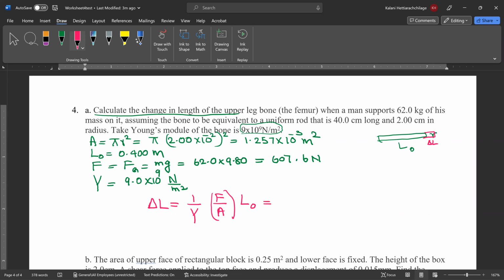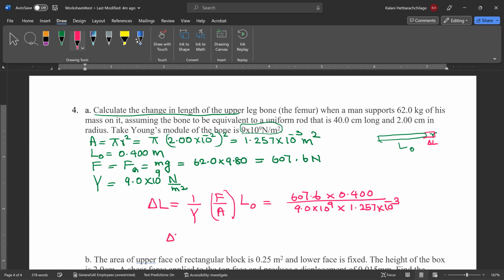So we have all the information. We're going to plug it into the calculator, and F is 607.6, multiplied by L naught and divided by Young's modulus 9.0 times 10 to the 9 and cross-sectional area 1.257 times 10 to the negative 3.